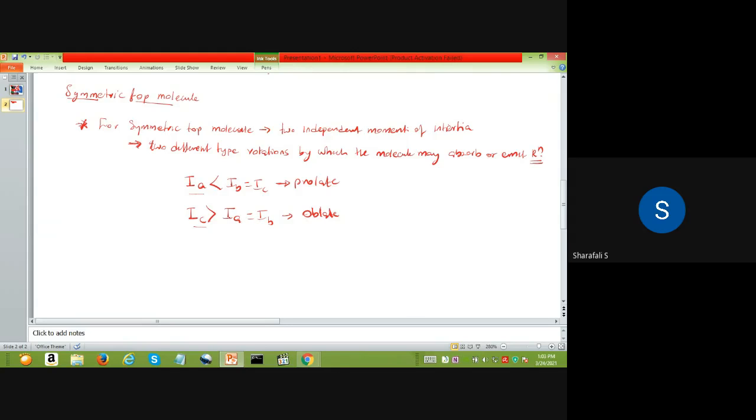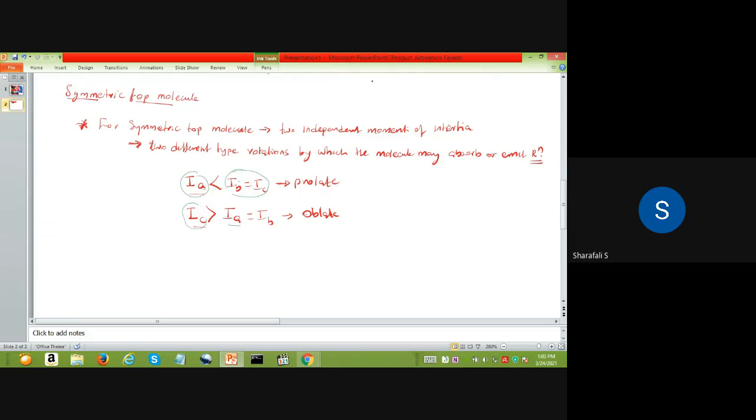So we have two different moments of inertia here: IA and IB or IC, or for oblate, IC and then IA or IB.